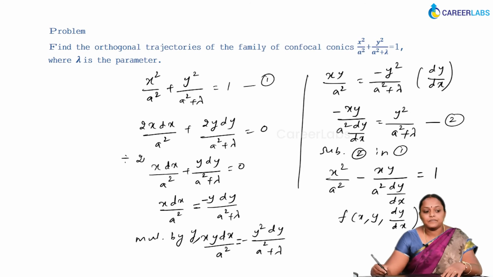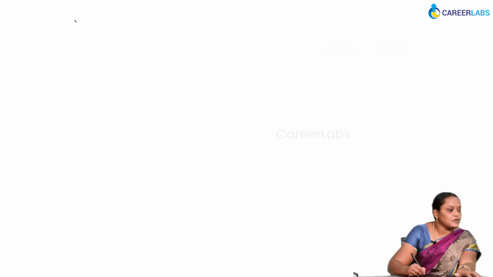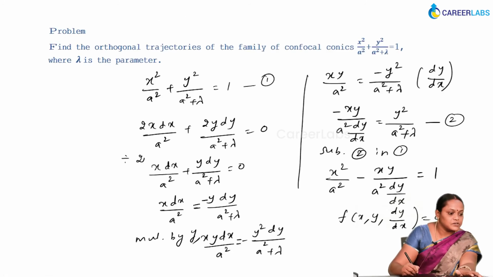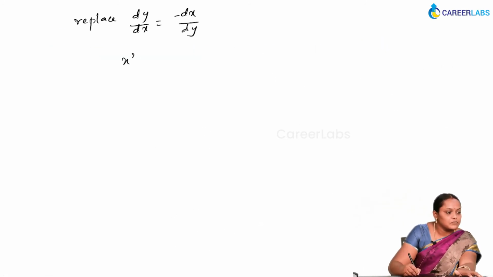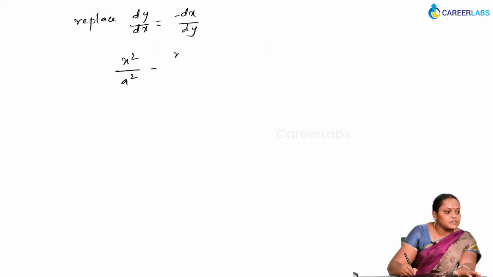Now what is the next step? After finding this equation, we are supposed to replace dy by dx by minus dx by dy. So let us consider the previous equation, that is x square by a square minus xy by a square.